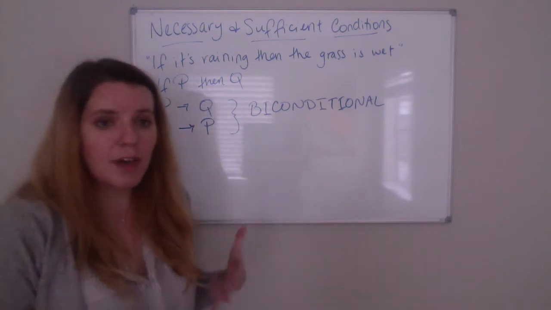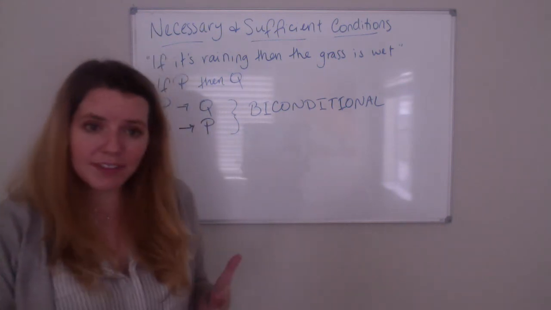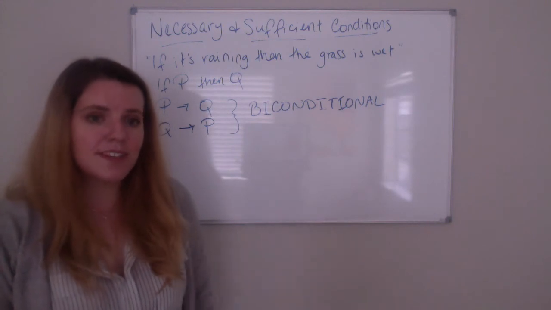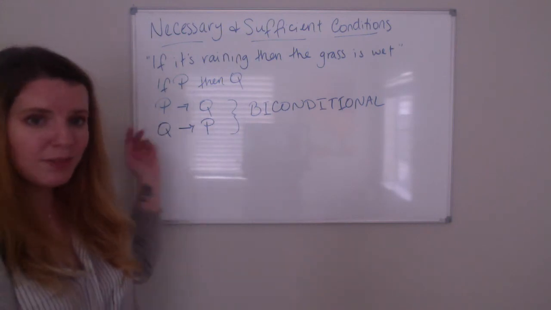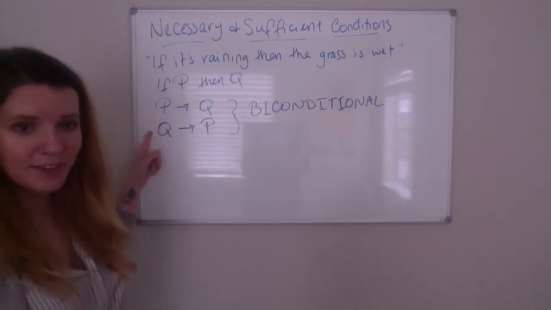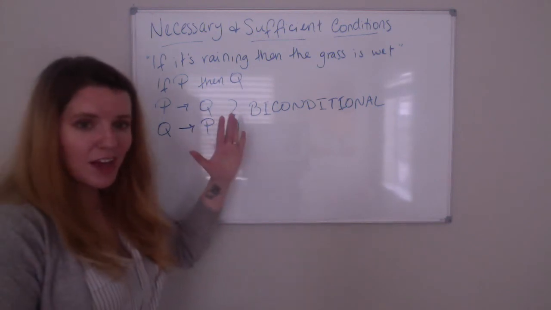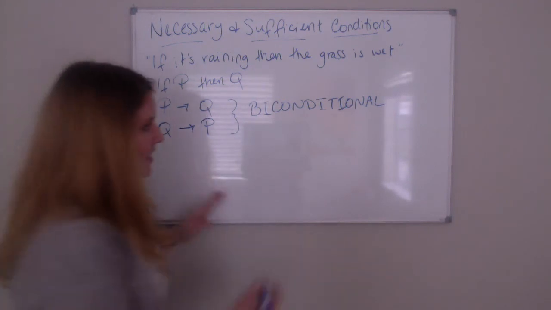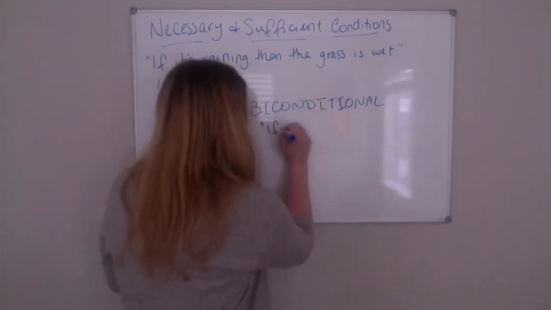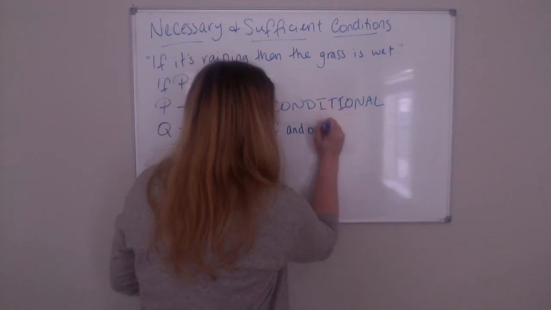And the way that we talk about biconditional claims is with the phrase if and only if. And hopefully that rings a bell from your textbook, because it talks about if and only if claims. And it writes up if P then Q and if Q then P. It tells you that whenever you see if and only if, that means that you're going to get these two conditionals.